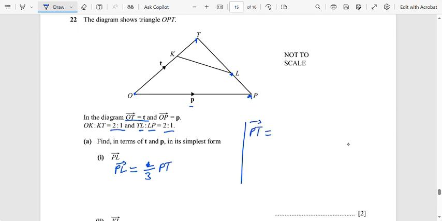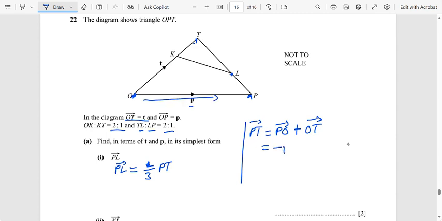So vector PT is vector PO. I move from P to O, then from O to T. So that's plus OT. So PO, I'm opposing OP.